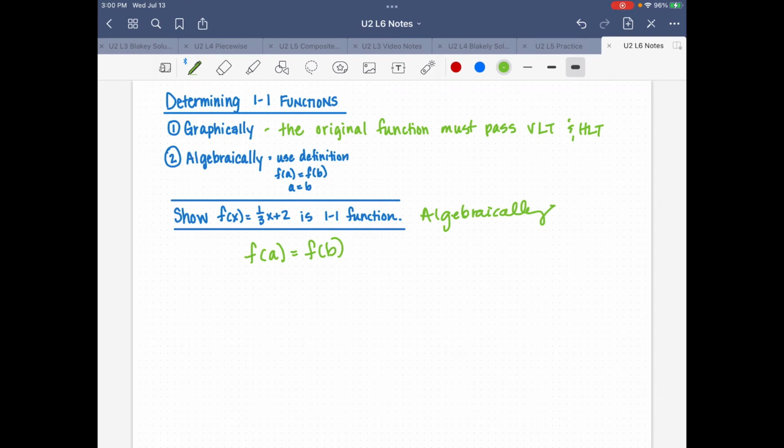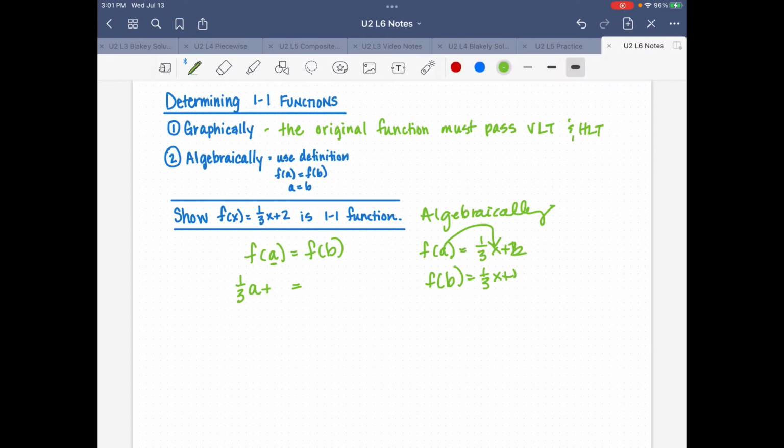So if I want to find f of a, I'm substituting a for my x. So I get 1/3 a plus 2. If I want to find f of b, I'm substituting b in for my x, so I get 1/3 b plus 2.